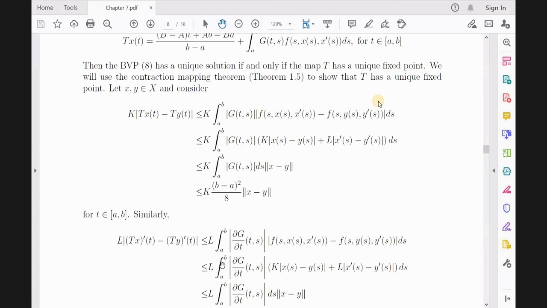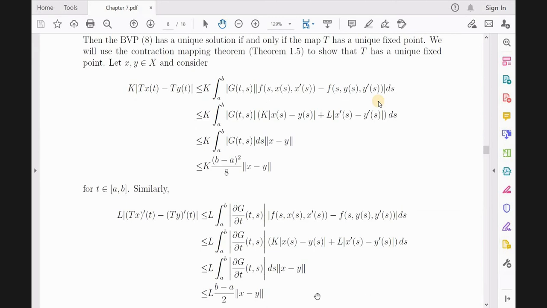So this is less or equal to L into integral from a to b of |partial G over partial t of (t, s)| into K into |x minus y| plus L into |x' minus y'| ds. Now this is less or equal to norm of x minus y, so this is less or equal to L into integral from a to b of |partial G over partial t| ds into norm of x minus y.